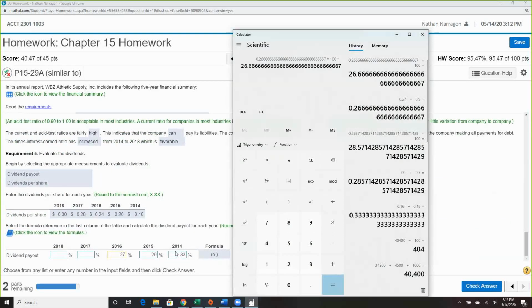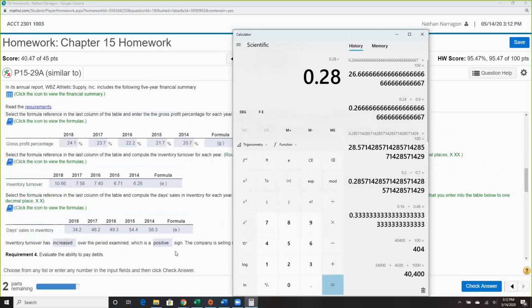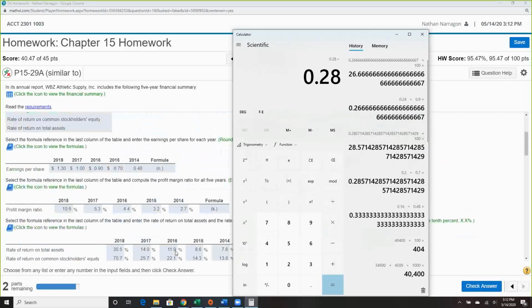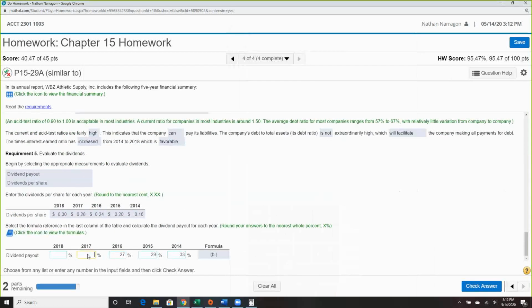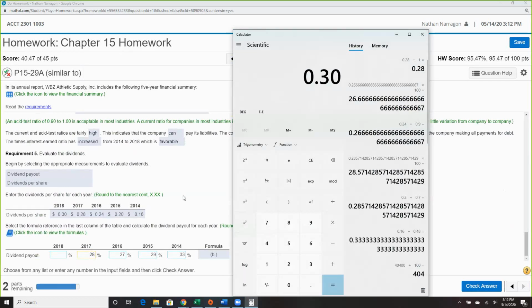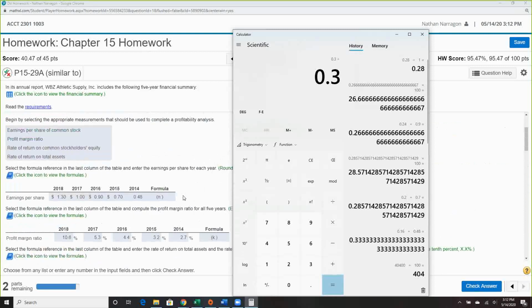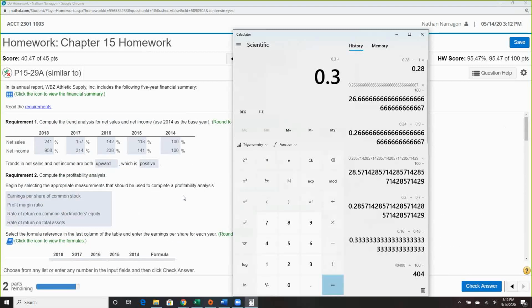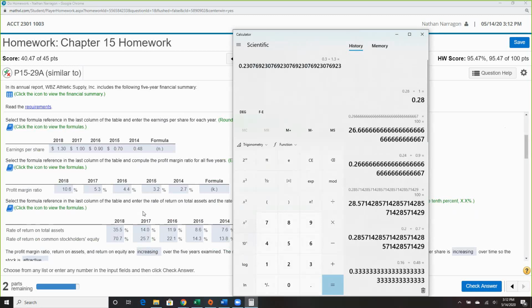Yeah, 0.28 divided by $1. So that's 28%. That's not bad. Okay, then finally 0.30 divided by 1.3.